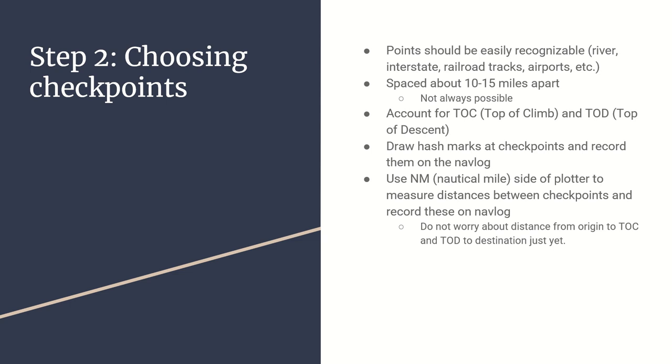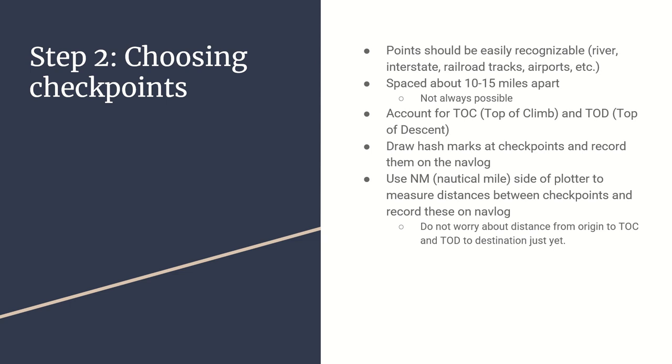So checkpoints, generally speaking, you want them 10, 15, maybe 20 miles apart. Sometimes there's just not enough stuff on the chart that allows you to have the checkpoints that close together. So you have to kind of work with what you have. So it's okay if it's not perfectly spaced out.